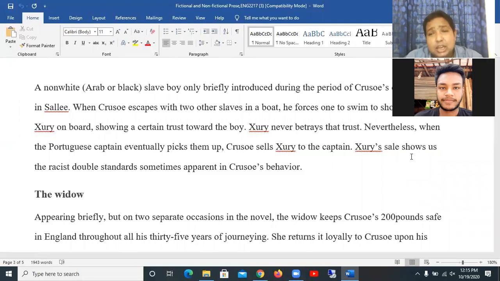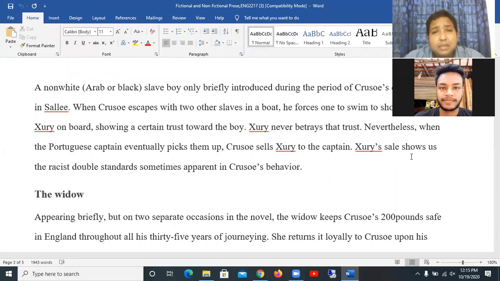Crusoe's sale shows up the rare double standard sometimes apparent in Crusoe's behavior. So you see that though Yuri helped him out from that captive situation, you see the double standard in the behavior of the British people: the person who helped you in your escape, you are selling that person.